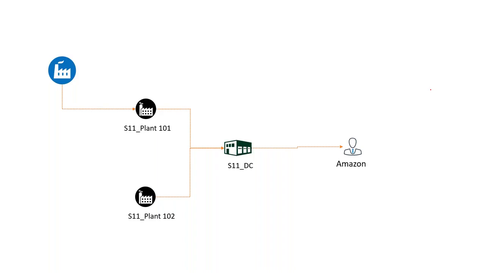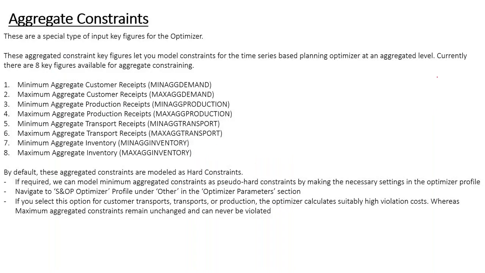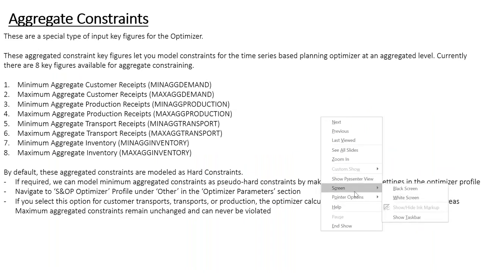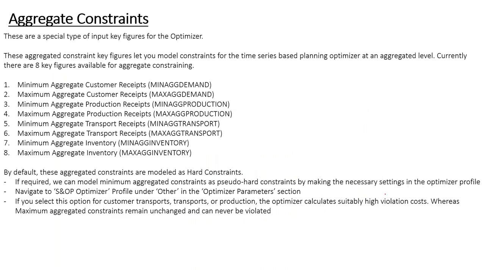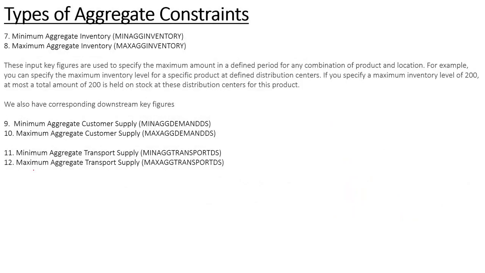There are eight key figures. I mean, in total, actually there are 12. We always have the supply part of the key figures, right? You remember, right?